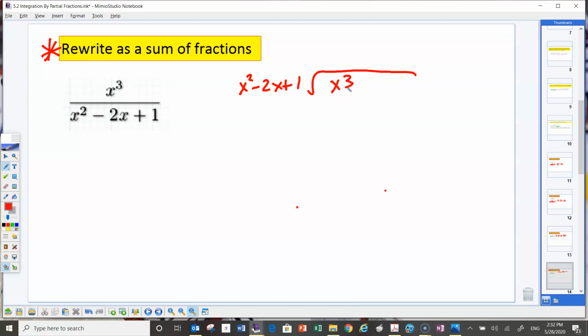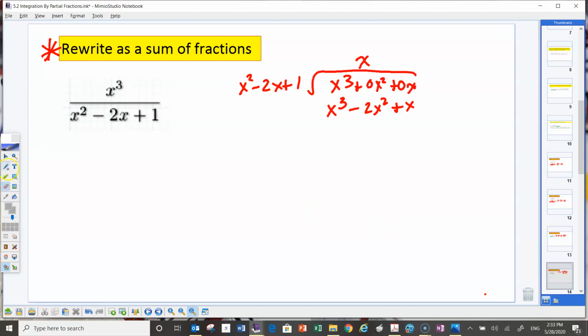What do I have to multiply x squared by to get x cubed? Well, that's going to be an x. And then I multiply, so x times x squared is x cubed. x times negative 2x is negative 2x squared. And x times 1 is x.